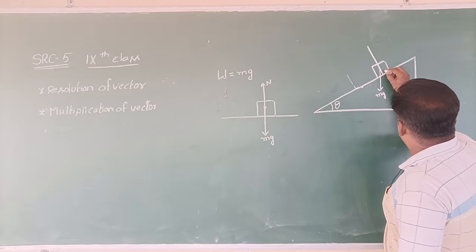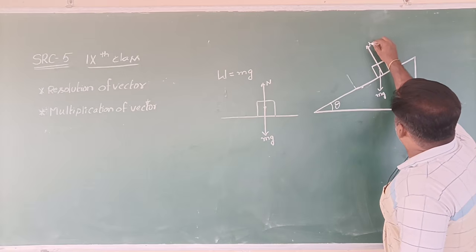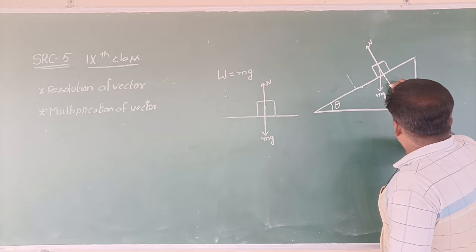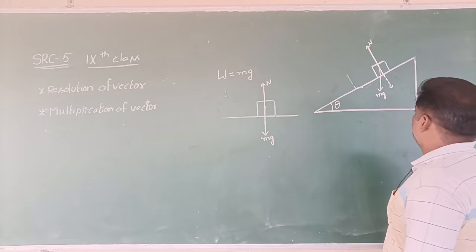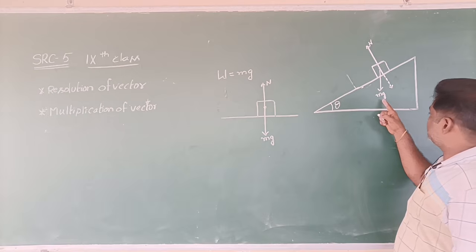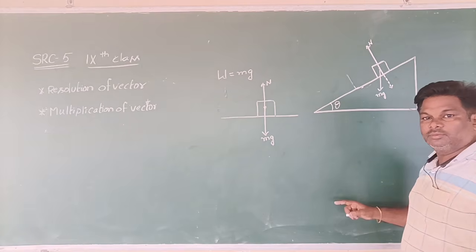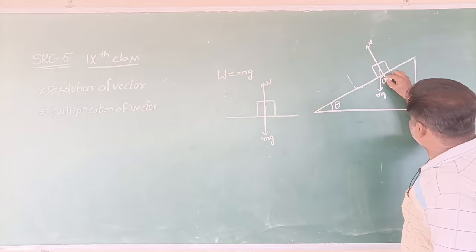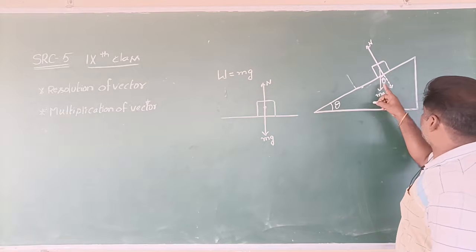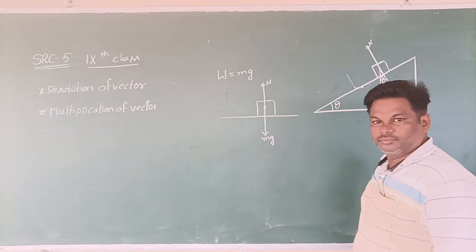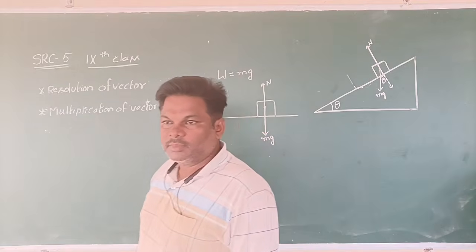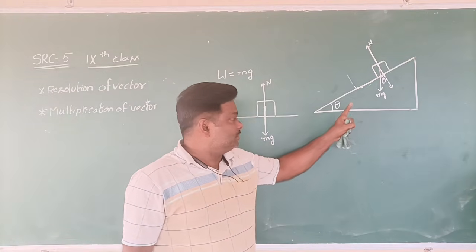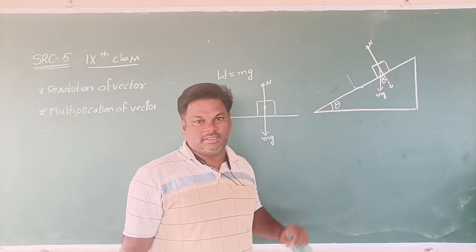Here it is perpendicular, and we are calling this a normal. You can extend this normal downwards, same normal, right? Now, what is the angle made by this weight with the normal? It is theta only. How much it is inclined, that much angle it will make. The angle made by the weight with the normal is always equal to the angle of inclination.